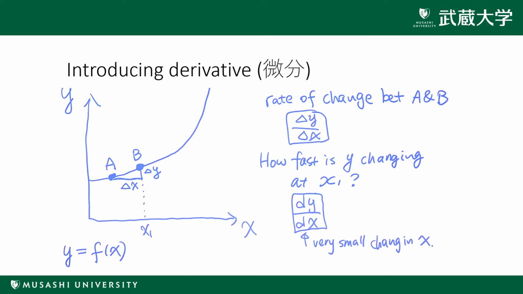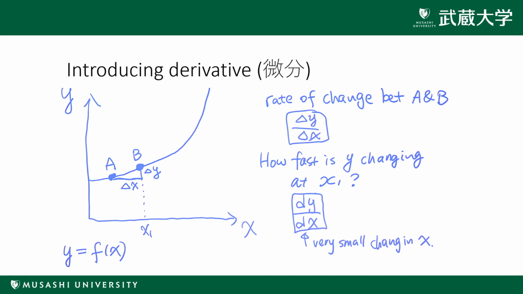Now suppose you're trying to figure out the rate of change at one point, okay? Suppose at this point x1. Instead of looking at an interval, we're trying to figure out how fast y is changing at exactly x1.